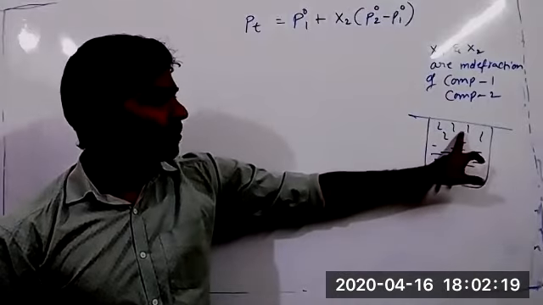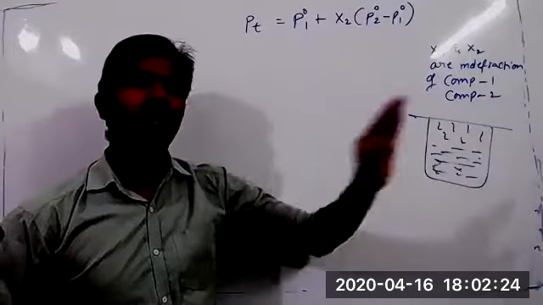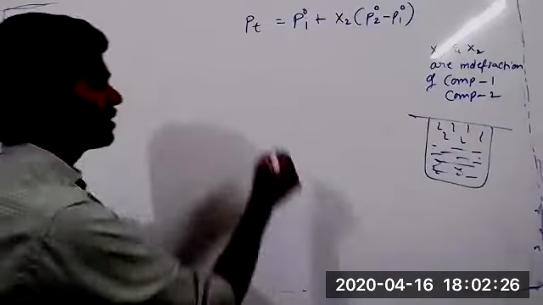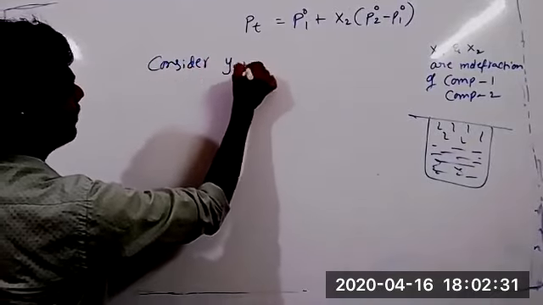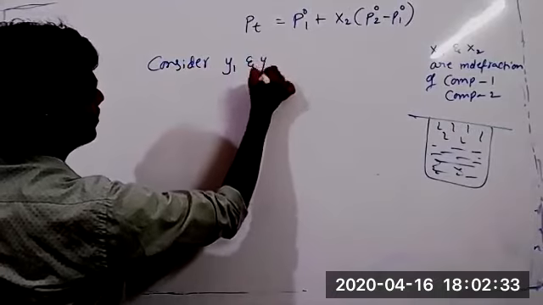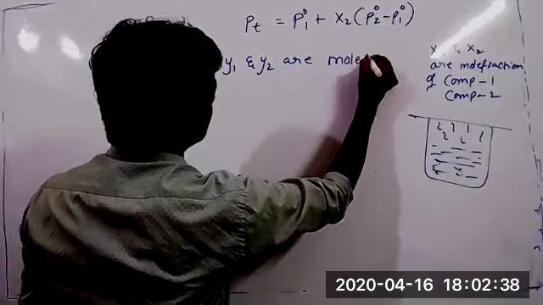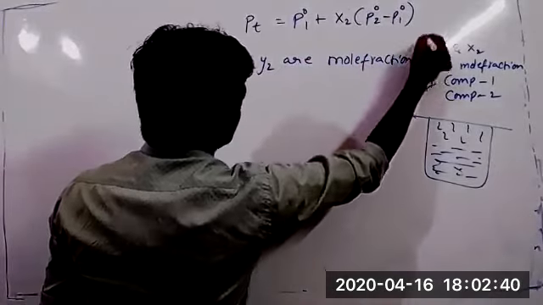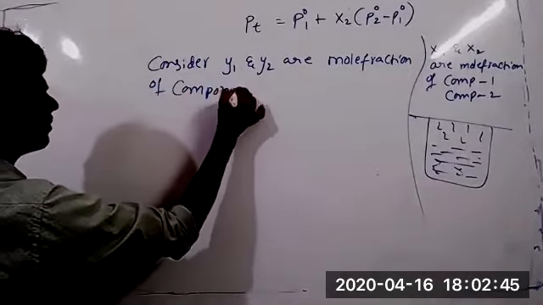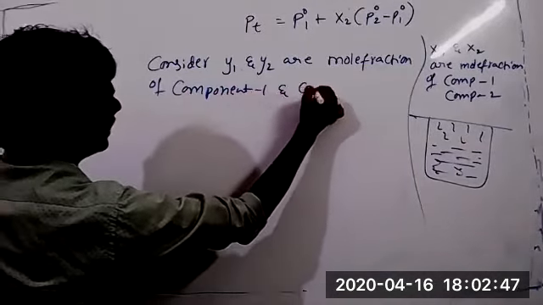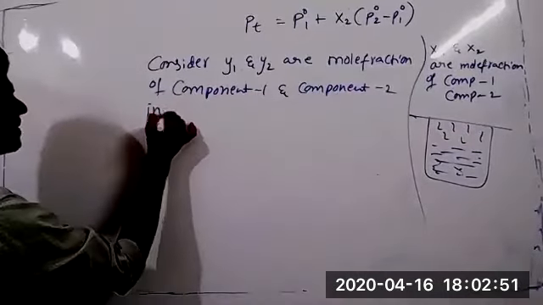So mole fraction of component 1 and component 2 in gaseous phase also we can calculate with the help of Dalton's law. Now consider y1 and y2 are mole fraction of component 1 and component 2 in vapor phase.